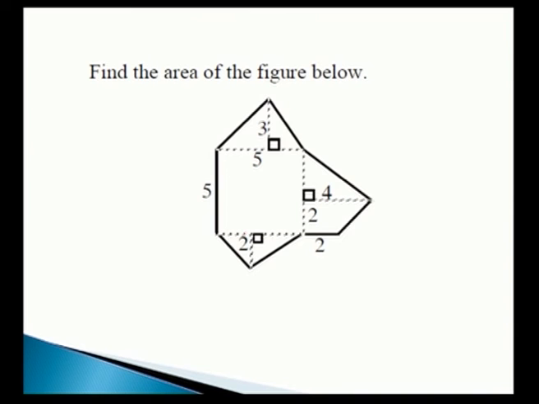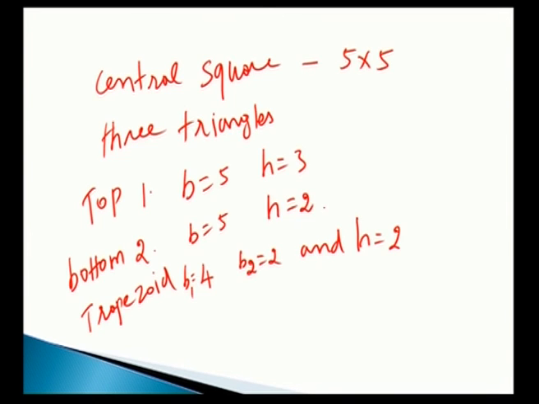So, a central square, then 3 triangles, one on the top, one on the bottom, one on the right hand side, and you got a trapezoid of upper base 4 and lower base 2 and height is equal to 2.